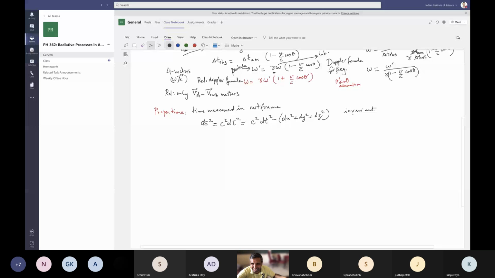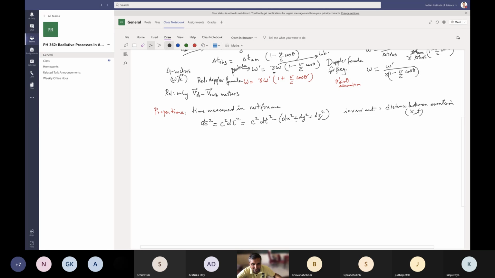For example, we have a distance between particles in space. So this is like a distance between events in space-time, right? Just as the Euclidean distance is an invariant under rotations, this is the invariant.